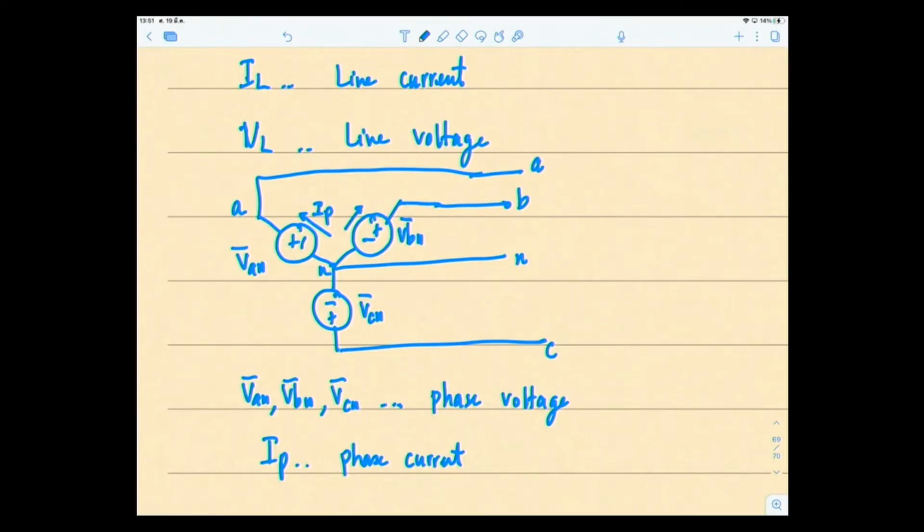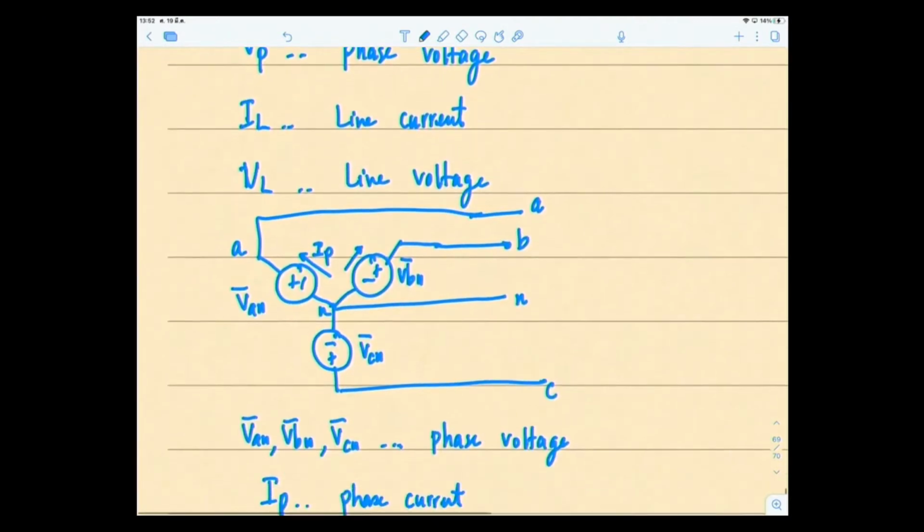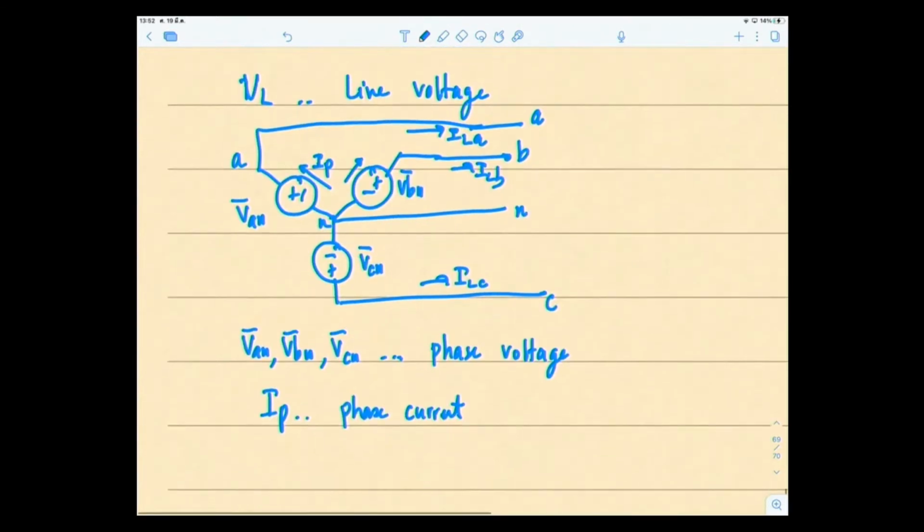Next one is line current. The line current would be the current in a line. So I line A, I line B, I line C are the line currents.